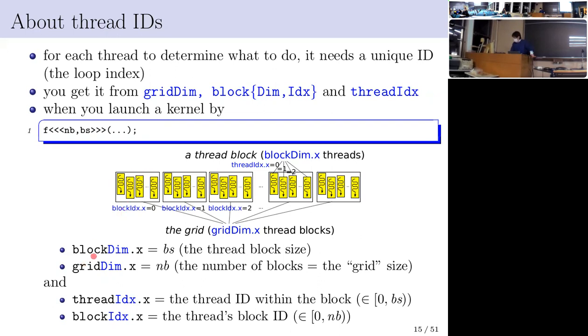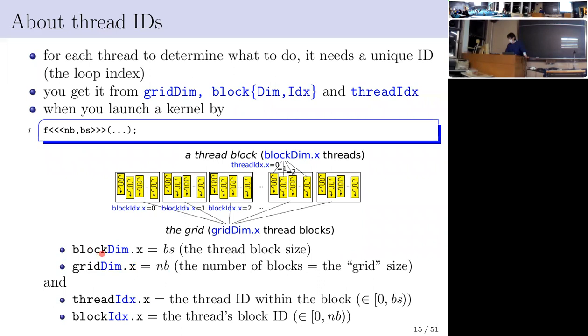These two variables, blockDim and gridDim, give you how many threads. I'm so sorry. First of all, gridDim gives you how many blocks you have in total. More specifically, gridDim.x. The field x of this variable is the number you specified as the number of thread blocks you want to get.